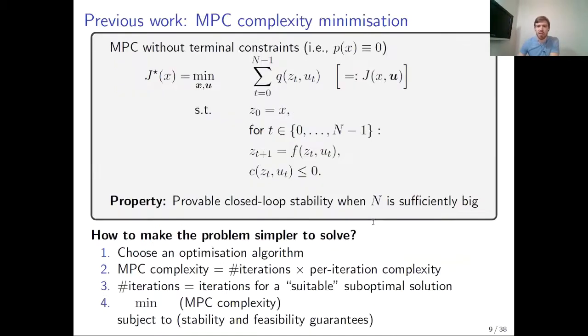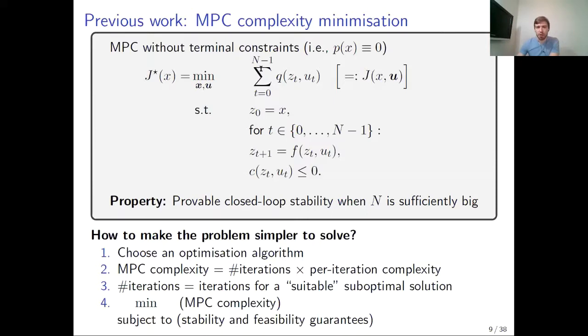Let's consider an MPC problem without terminal constraints. So we have only a finite sum of stage costs. In this case, stability is not automatically guaranteed by design, and we have to establish a prediction horizon length which is sufficiently long so the stability properties can be proved.